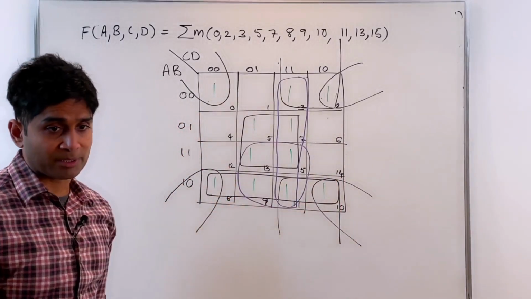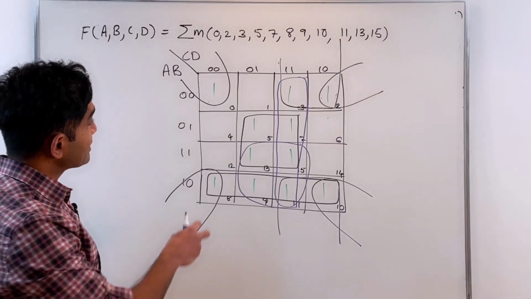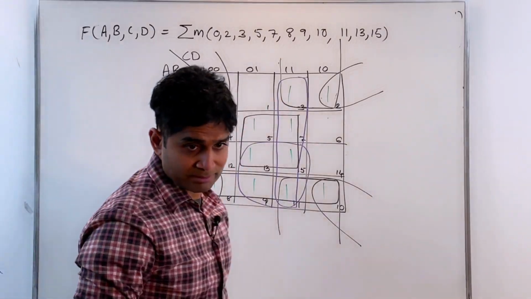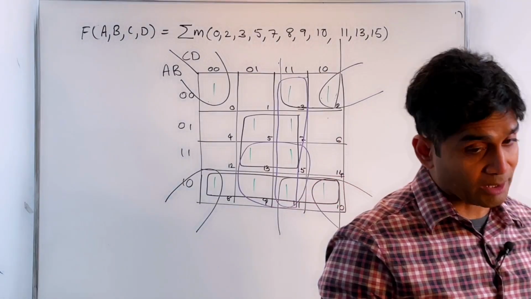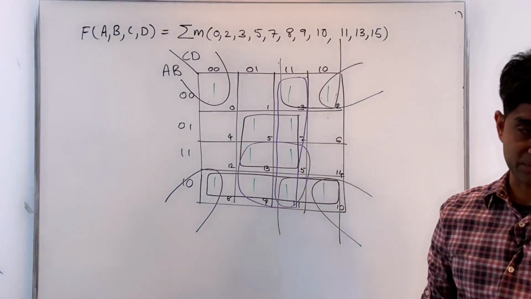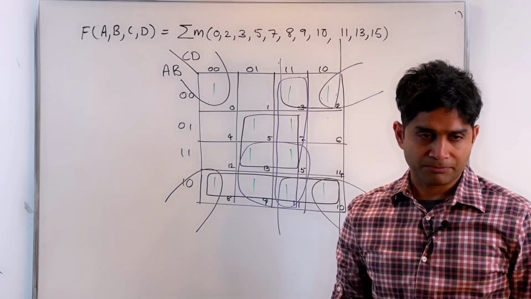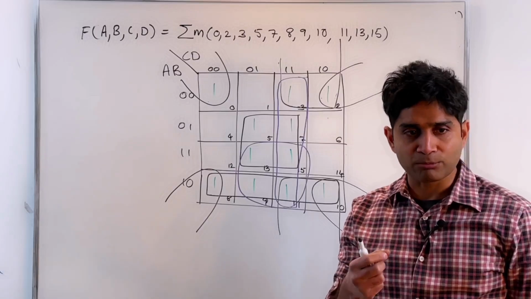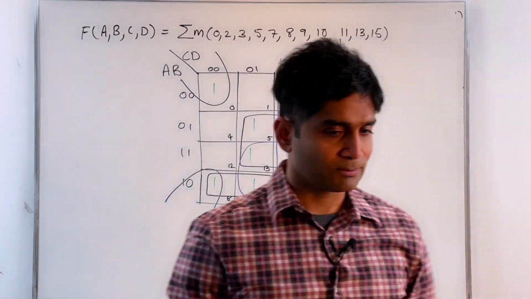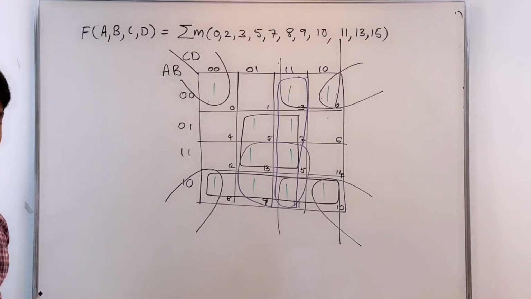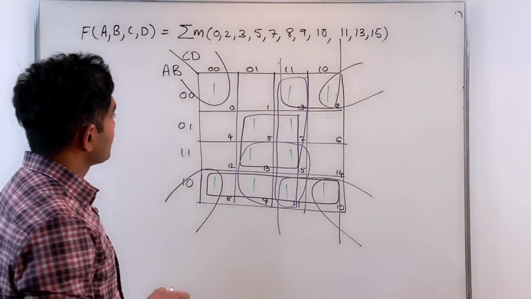If I combine just 2 and 0, that will not be a prime implicant. So here I want to combine only the prime implicants, which would be the largest possible combination of adjacent ones. Looks like that's it. Now let's number them.